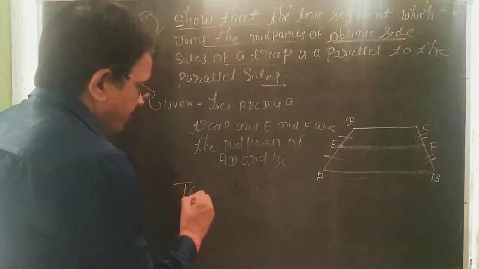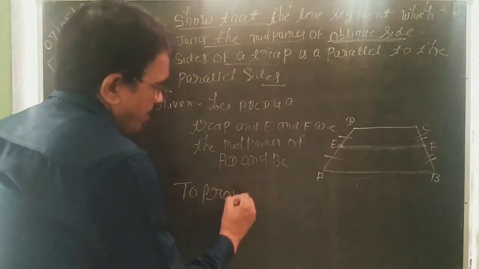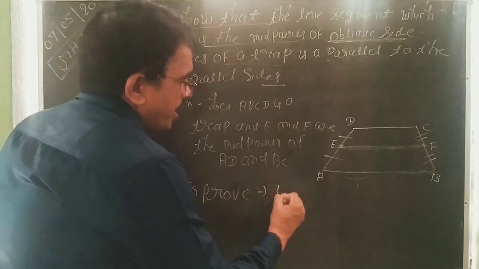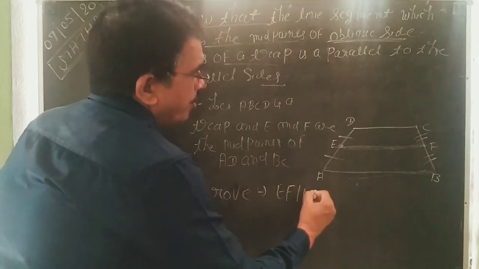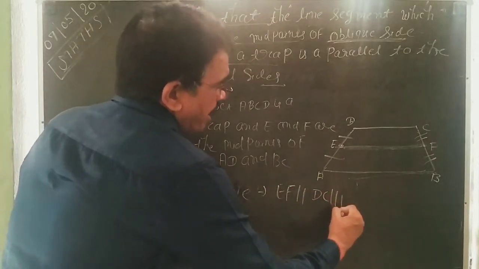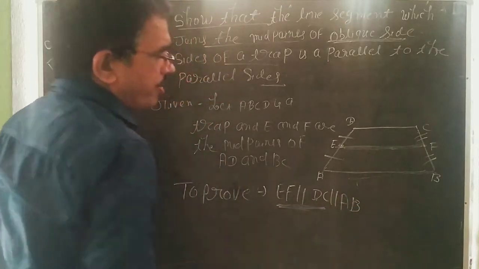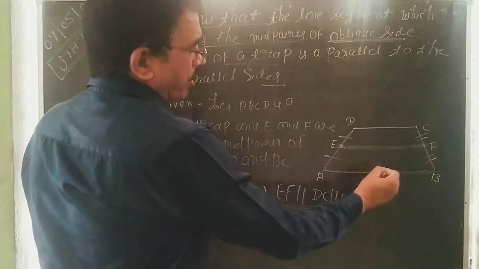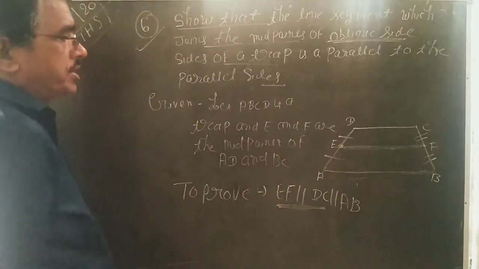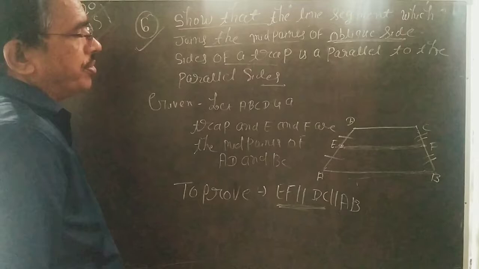To prove, we have to prove EF parallel to DC, but DC is parallel to AB. So dear student, you have only to prove DC parallel to EF because DC is always parallel to AB, as given in your question. It is a trapezium.